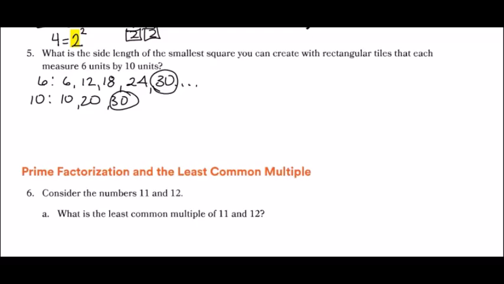So the side length of the smallest square I can create with rectangular tiles that measure 6 units by 10 units is 30 units.